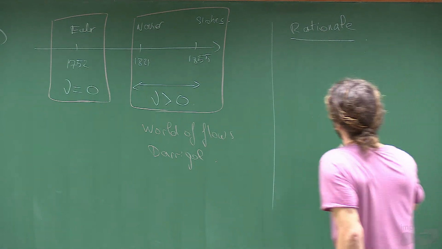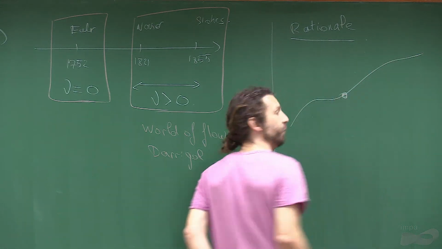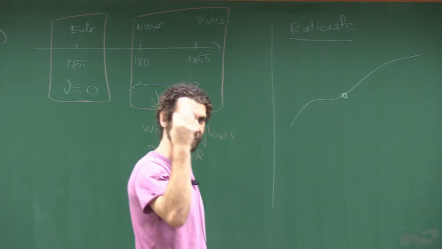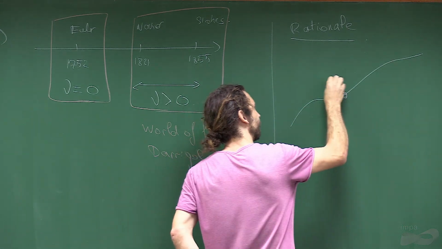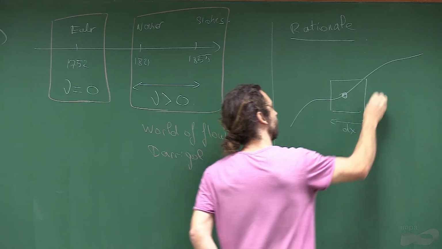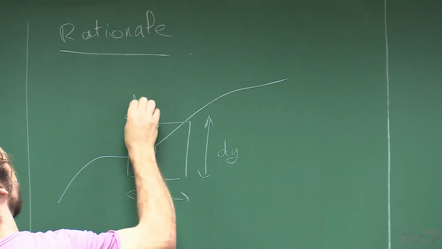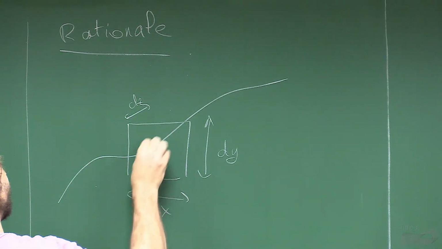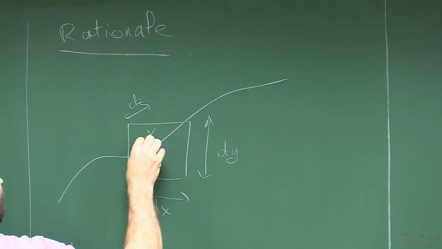So basically, what it means is that if we take a fluid particle, as far as this entity can exist, so imagine a point which has a small extension, say dx, dy, and dz. The center of mass here, so that's x, okay?